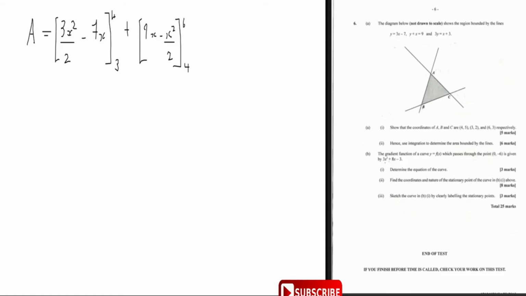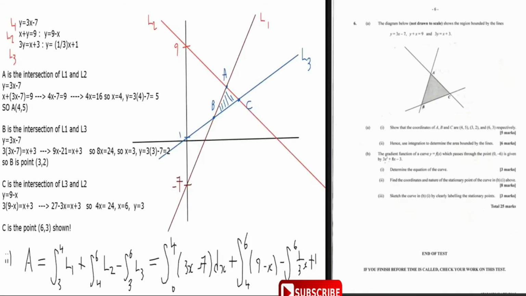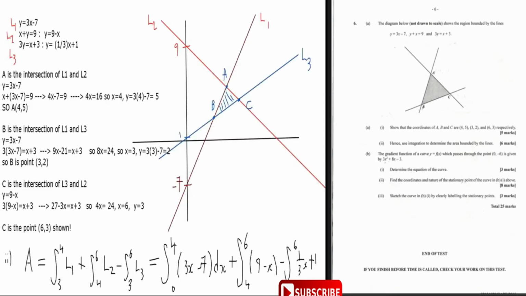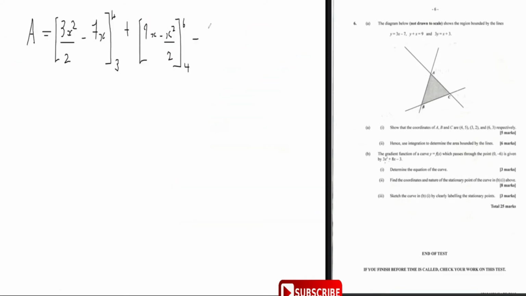And then what we're getting is minus the integral from 3 to 6 of 1 over 3x plus 1. Integrating 1 over 3x, we're going to get 1 over 3x squared, and divide that by 2, it becomes 1 over 6.